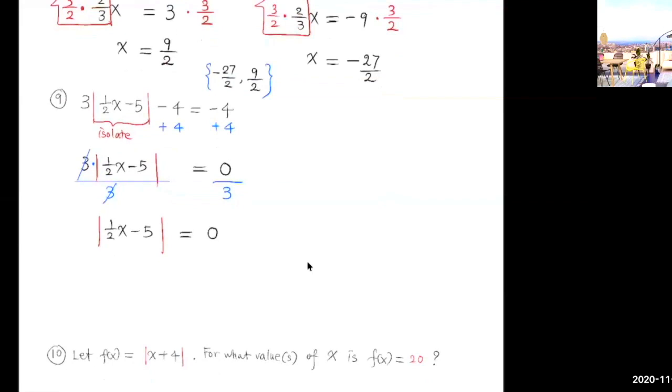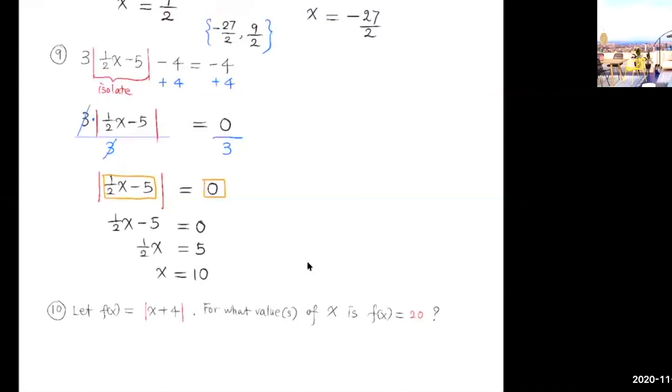So now this absolute value is equal to 0. The only possibility is that the expression inside will be equal to 0. So we have 1/2 x minus 5 equal to 0, which is 1/2 x equal to 5. So x equals 10. So in this case, we have only one solution.